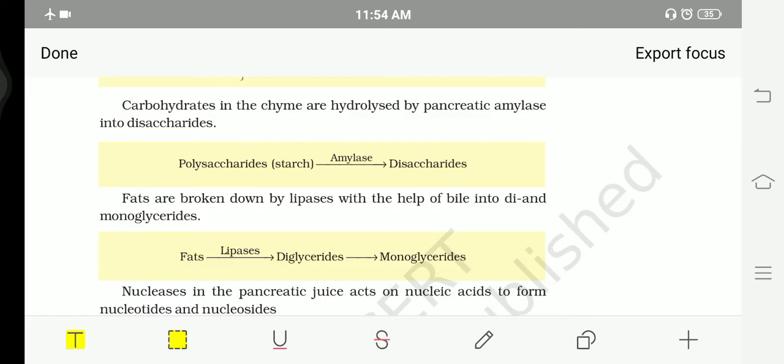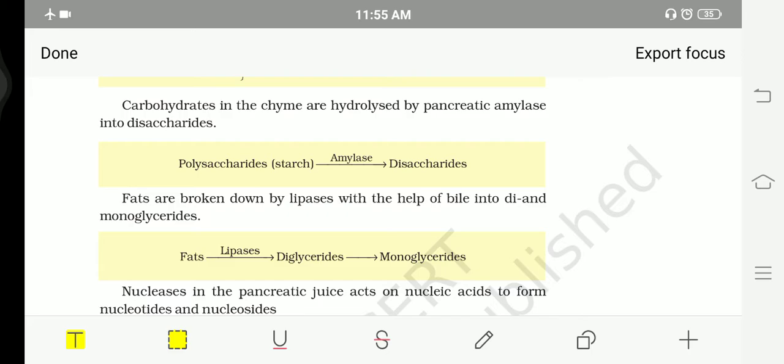Then procarboxypeptidase is converted into carboxypeptidase by the enzyme trypsin. This carboxypeptidase converts the proteases and peptones into polypeptides, tripeptides and dipeptides.